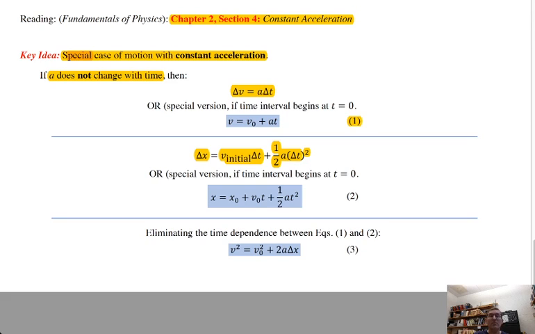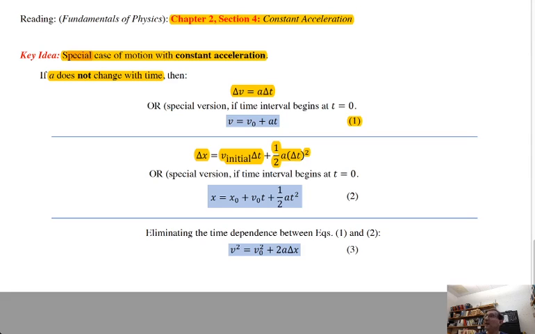Now you will see this formula written in a slightly different way, based on the assumption that the time interval delta t begins at t equals 0. Then every delta t can just be replaced with a t, because t initial is 0. And that symbol v initial, the velocity at the beginning of the time interval, now means the velocity at time 0, and everybody writes that as v sub 0.